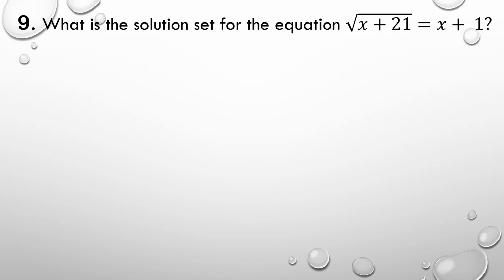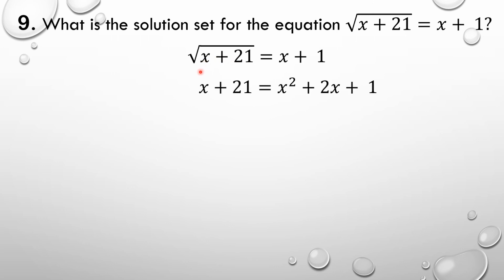Number 9, what is the solution set for the equation square root of x plus 21 equals x plus 1? For our solution, let us square both sides of the given radical equation, so that we will have x plus 21 equals, on the right-hand side, the square of the binomial x plus 1, that is x squared plus 2x plus 1.